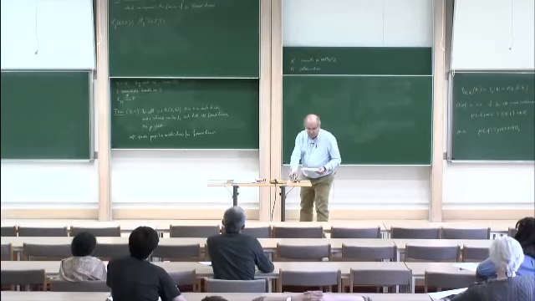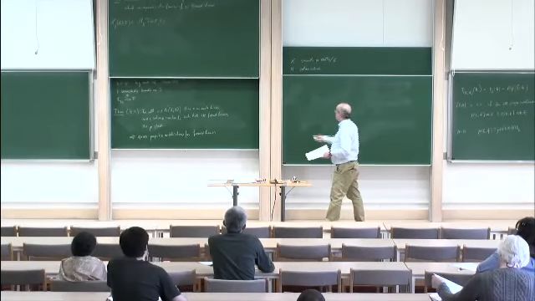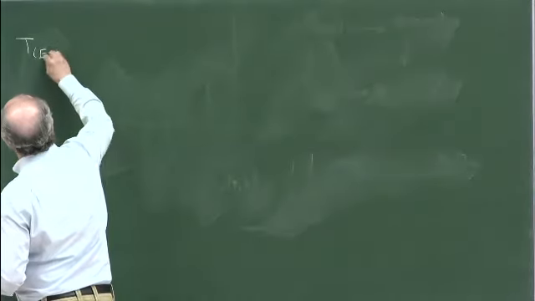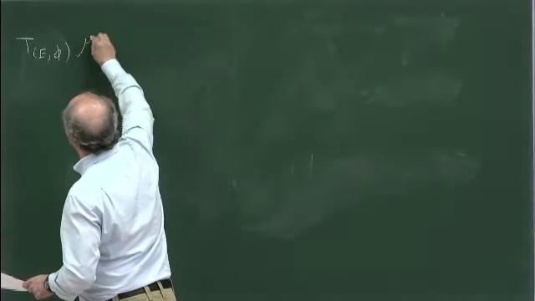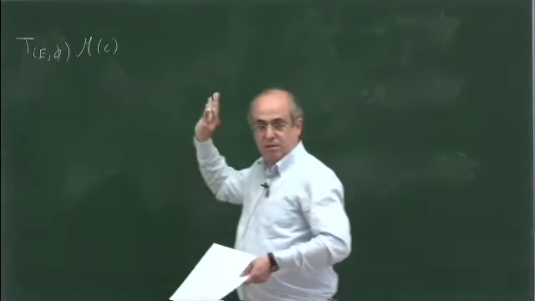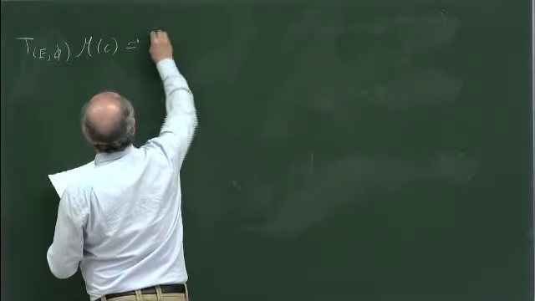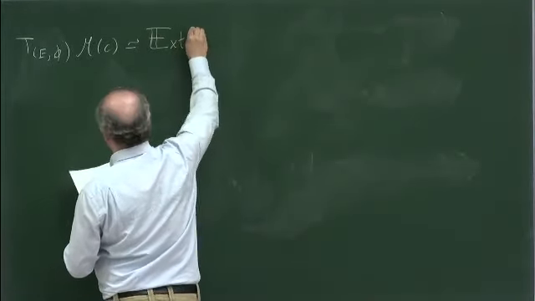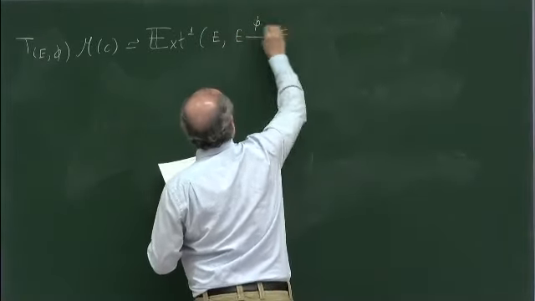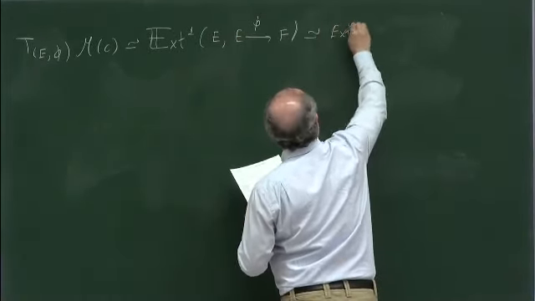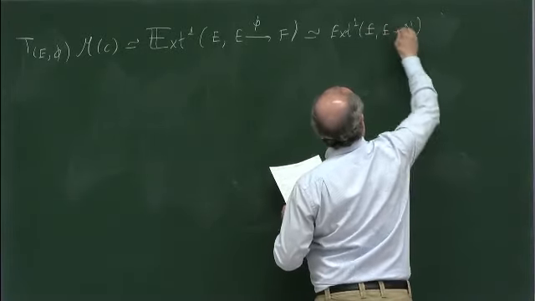Very quickly, let me just mention that you can develop some infinitesimal deformation theory, and it's very easy to show that the tangent space, let me just call MC this moduli space without writing all parameters, is just the first hyper-Ext between E and the complex given by the framing, and this of course is just Ext1(E, E(-D)).